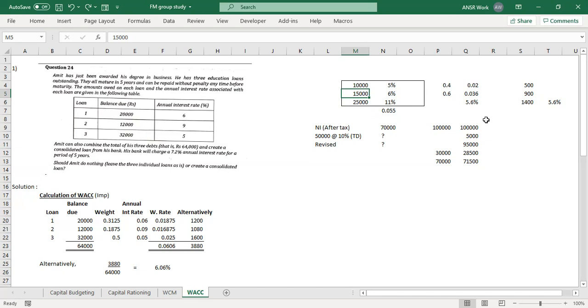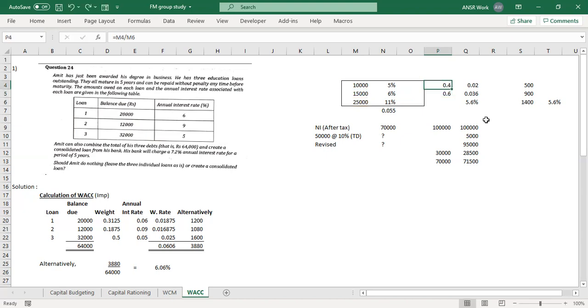How do we calculate ratio? Make a total of that and calculate the percentage of individual values to the total. So 0.4 is nothing but 40%, which is 10,000 divided by 25,000. 0.6 is nothing but 60%, which is 15,000 divided by 25,000.